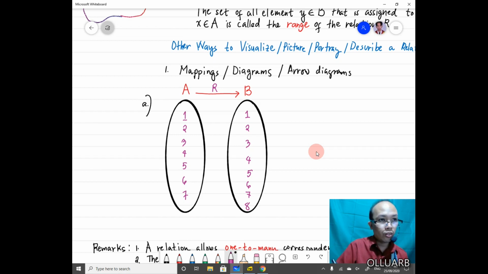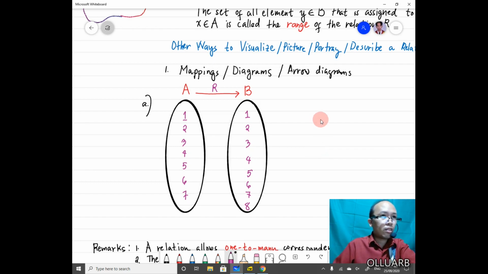Suppose there are 8 contestants. Before, I said there are, I guess, 10 judges and 20 contestants. So let's have this illustration.